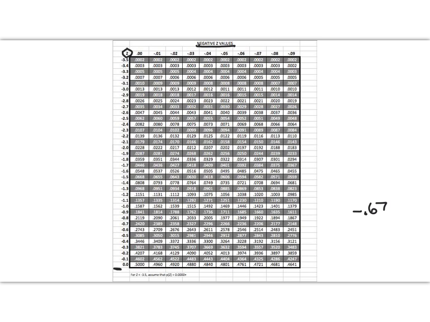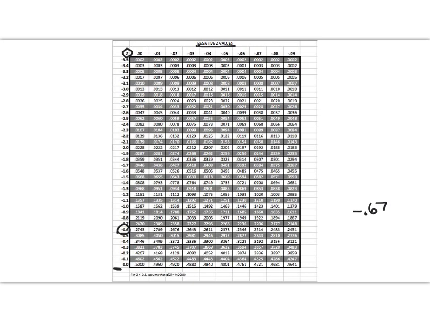-0.6. So if I follow down here, let me get my highlighter out. If I follow the numbers, I have -0.1, -0.2, -0.3, -0.4, and here is -0.6. Right there.